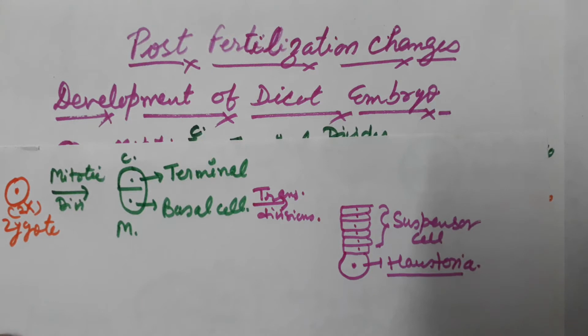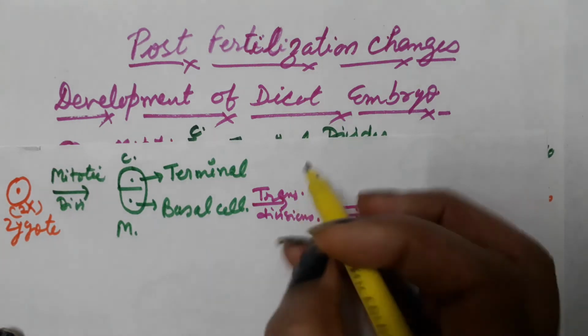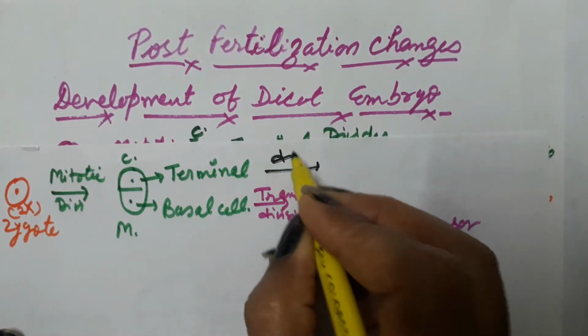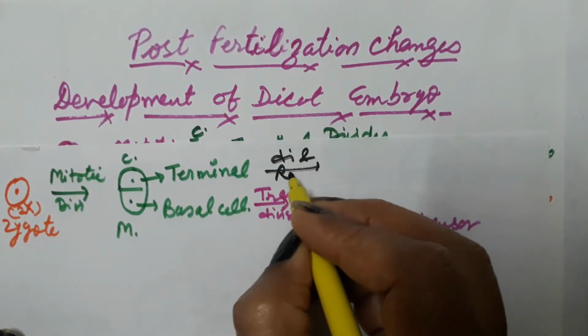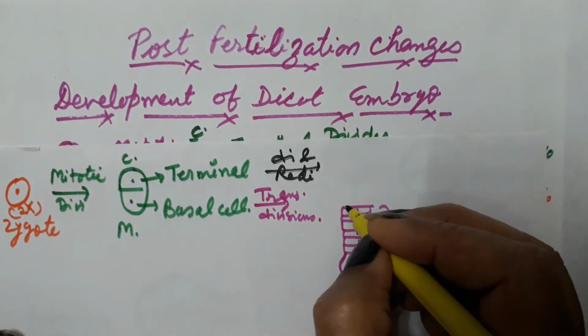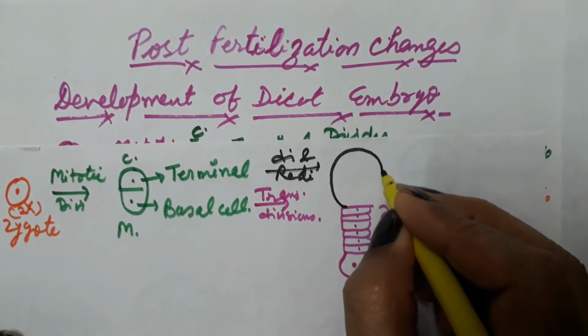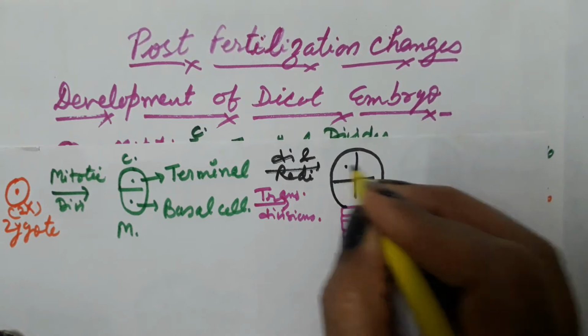Now the division takes place in the terminal cell. The terminal cell divides and redivides to produce a four-celled structure.